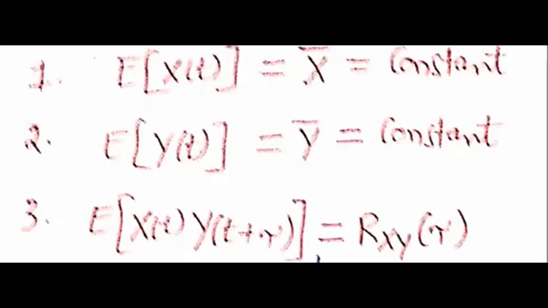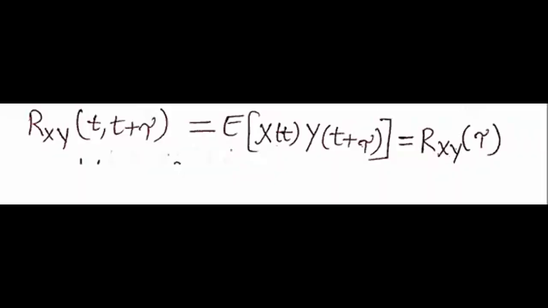Just wait, I will show you this cross correlation function more clearly. The third condition is also very similar to this one. See here, this is the expected value of x of t into y of t plus tau, which can be treated as a cross correlation function, right?